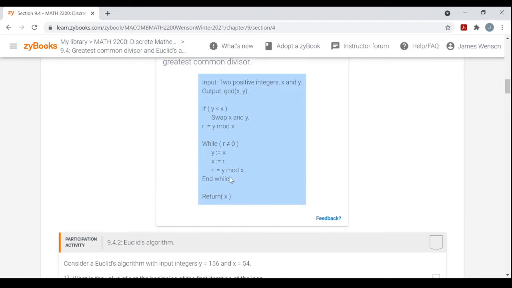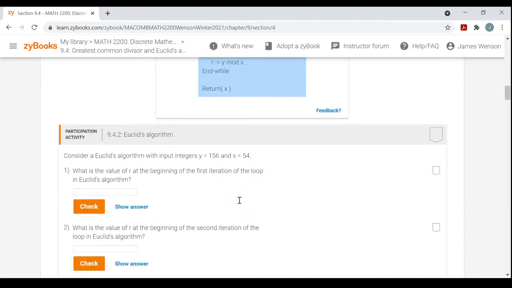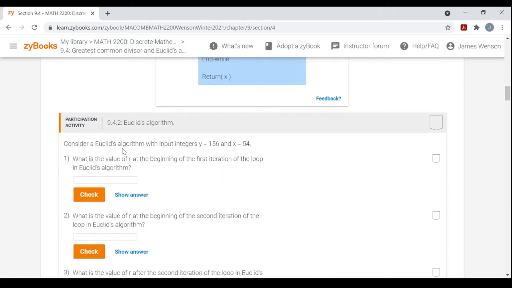So looking at this algorithm, which produces the greatest common divisor of two numbers, let's consider Euclid's algorithm with input integers 156 and 54. All right, so I'm going to do this by hand.